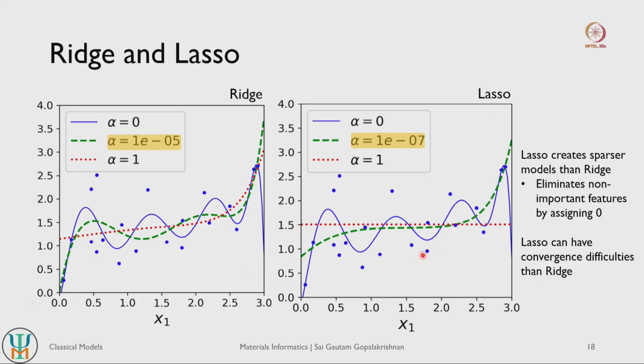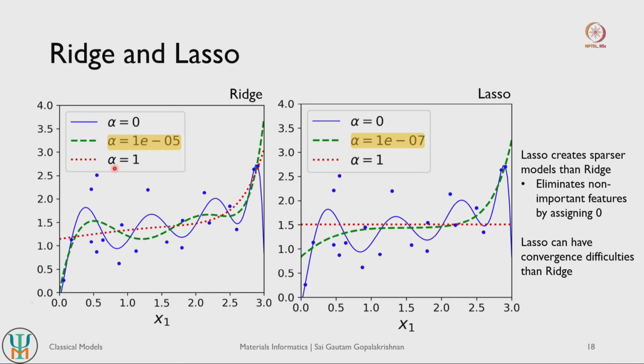Both ridge and lasso give rise to the same sort of curves, which makes sense because your alpha is 0, so it does not matter whether you are taking in Euclidean distances or Manhattan distances, you are going to get the same fit. So alpha equals 0 basically represents a simple polynomial regression.